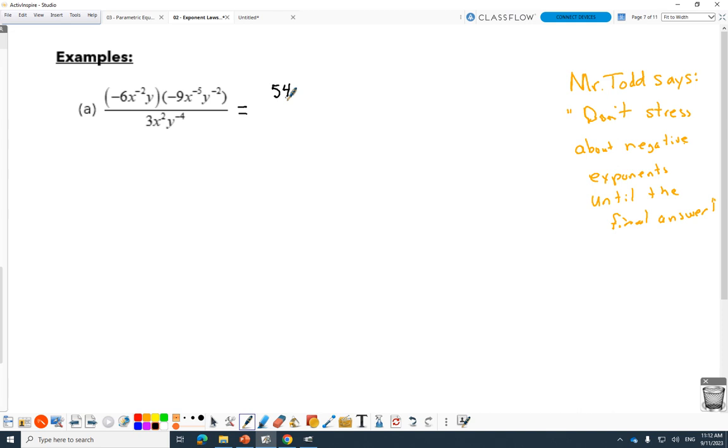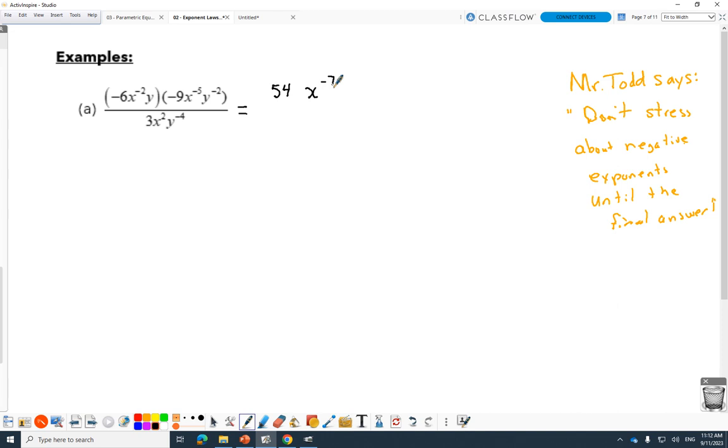Same base, add the exponents. What's negative 2 plus negative 5? I don't know! Okay, chemistry people, if I have 2 electrons, and I add on 5 electrons, what do I have? 7 electrons. Oh, it's a negative exponent. No, no. Mr. Todd says, no stressing till the end. It's like, okay, it's a negative exponent, no big deal.